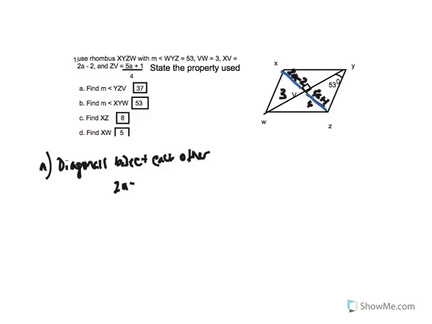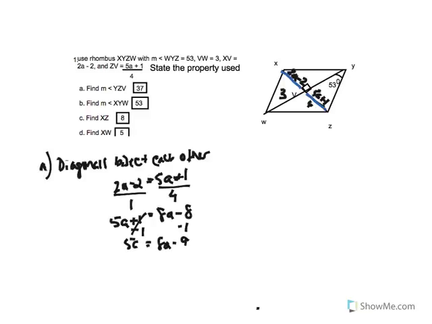Therefore, I set those two pieces equal to each other and I solve for A. Cross multiply, I get 5A plus 1 equals 8A minus 8. I move this 1 over here. I get 8A minus 9 equals 5A minus 8A minus 8A. I get negative 3A equals negative A divided by negative 1. A equals 3.